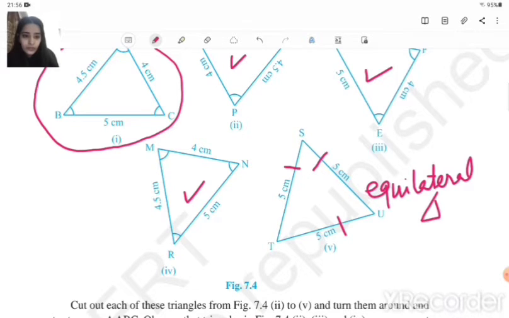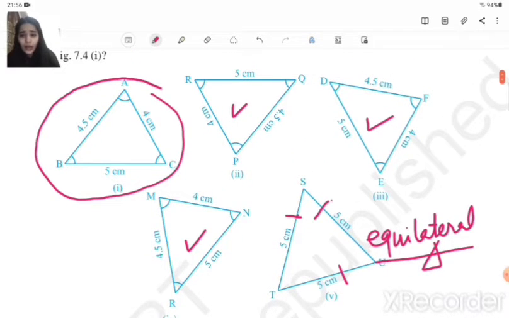A triangle which has all three sides of equal length is known as an equilateral triangle. The other four triangles are not equilateral. The dimensions are mentioned: one side is 5 centimeter, another is 4, and the third side is 4.5 centimeters.